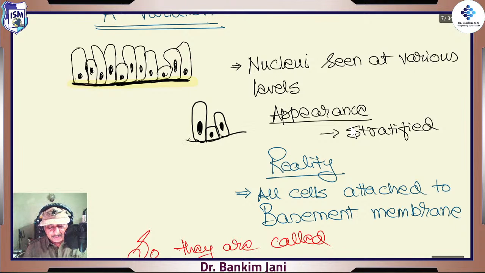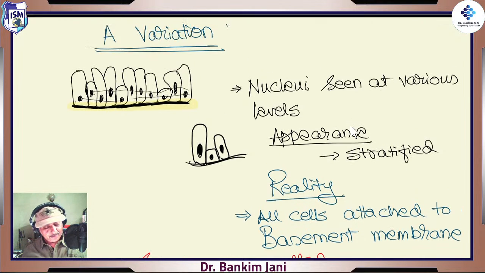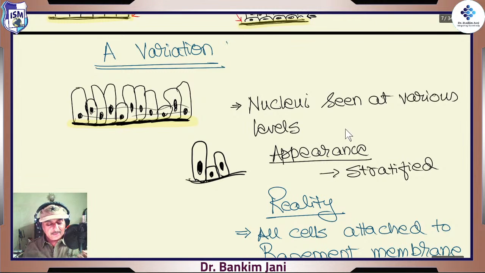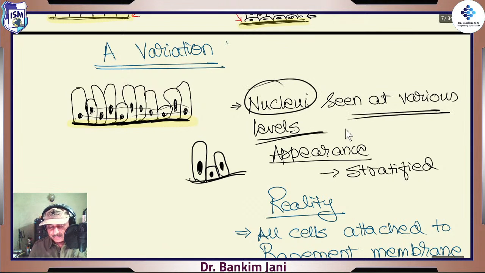Now, if we follow only the nuclei, we'll see that they seem arranged in different layers. Actually it is not like that. They are single cells arranged one after another, but because their heights are different, the nuclei are seen at various levels.